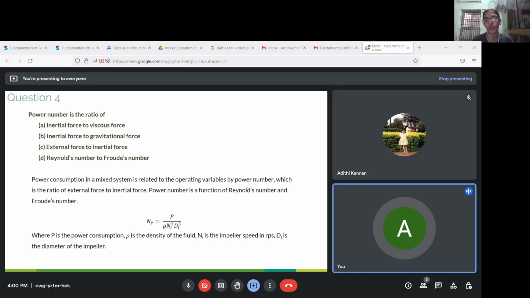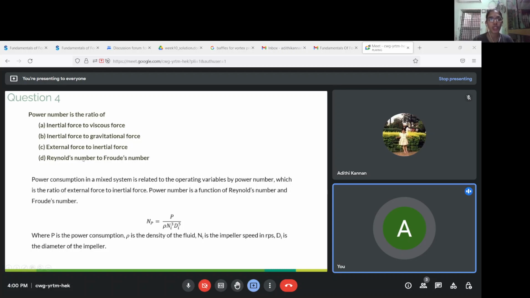So all these are known as operating variables. Your power requirement will depend upon the kind of fluid you're dealing with and the kind of agitator that you have, whether you have multiple blades, a single blade, or multiple sets of pairs of impellers. All these will also determine the power consumption in a mixed system.